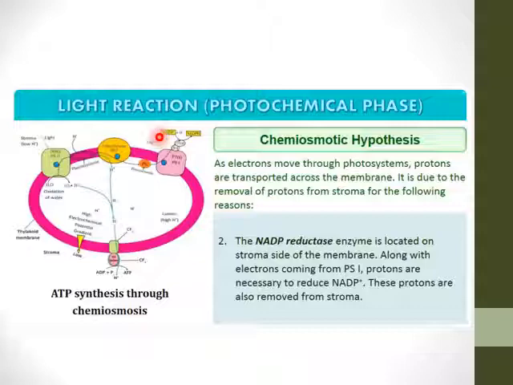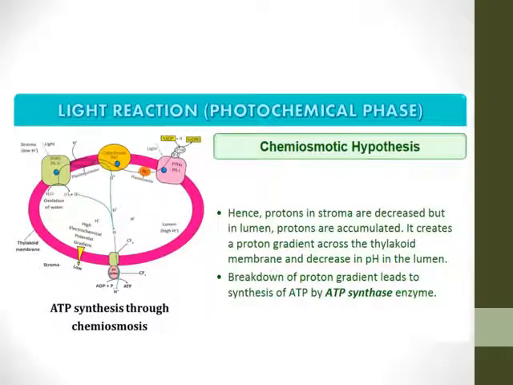Along with the electrons coming from PS1, protons are necessary to reduce NADP to NADPH. These protons are also removed from the stroma. Hence, the protons in the stroma are decreased, but in the lumen the accumulated protons are increased. It creates a proton gradient, meaning a difference across the thylakoid membrane, and a decrease in pH in the lumen.